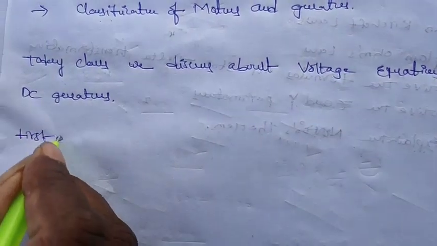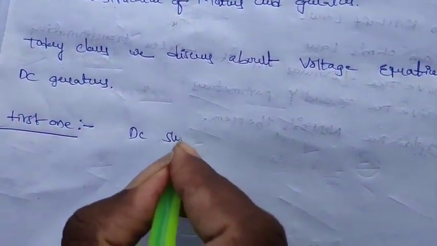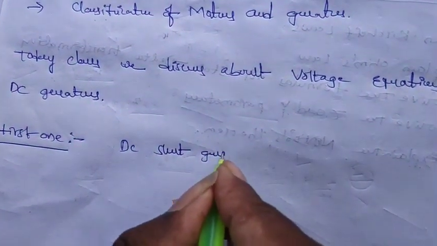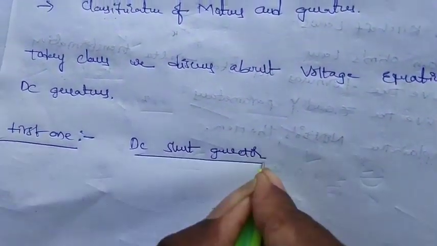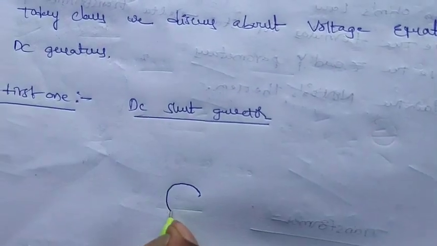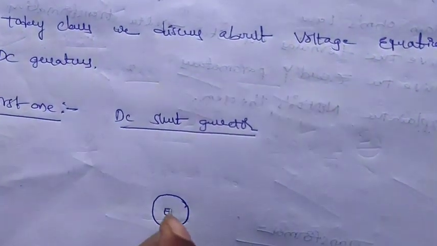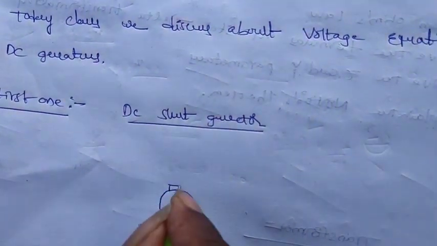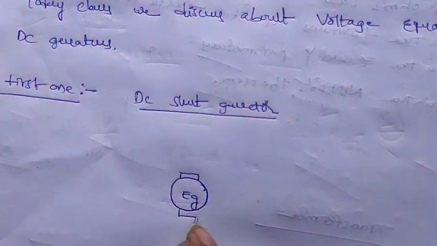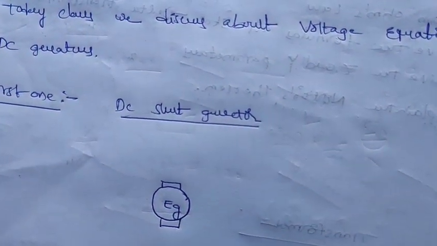So first one, DC shunt generator. The generator is represented as EG. These are the brushes. The brushes are used for collection of current.